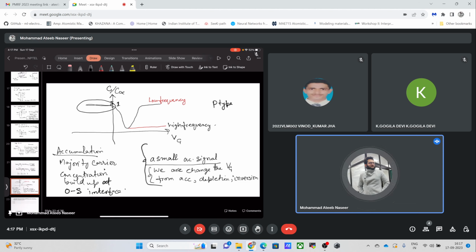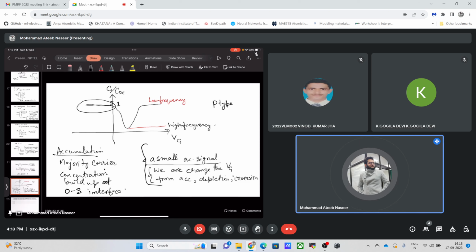So the majority carriers are now applied and associated with this kind of operation, and they can also change very rapidly inside this depletion region.